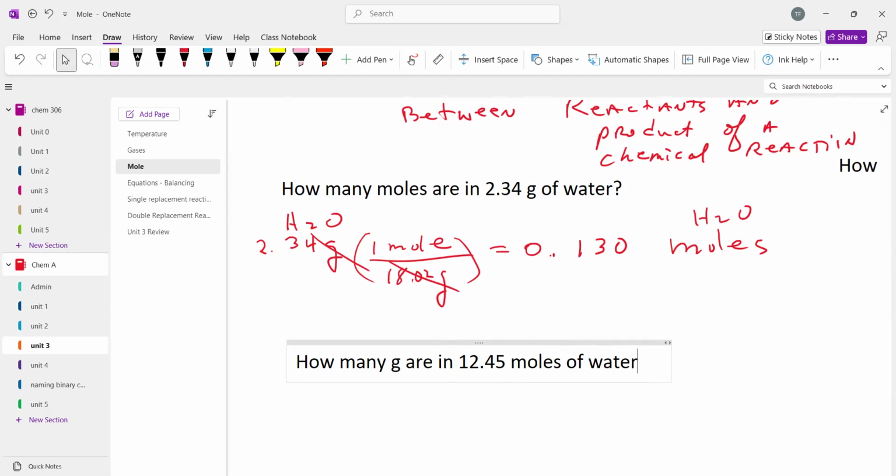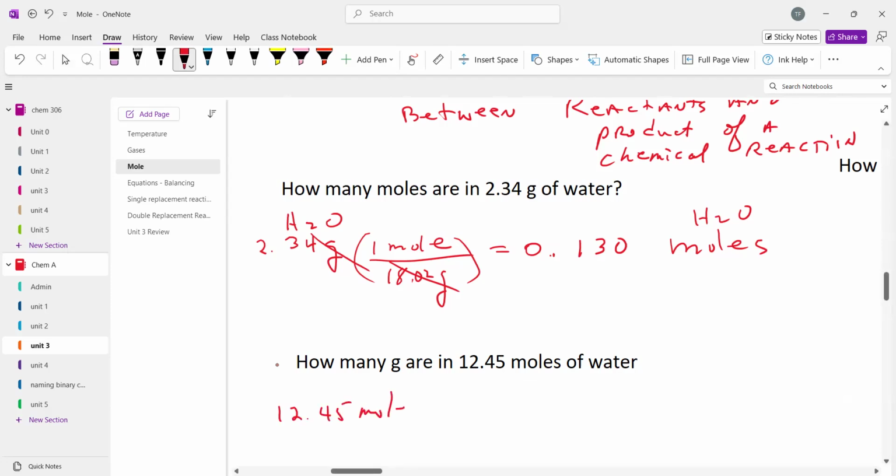How many grams are in 12.45 moles of water? Okay, so 12.45 moles is given, and we're trying to calculate grams. So we're going to use the same relationship between moles and grams as the previous problem. Only this time the given has to cancel. So that means moles are on the bottom.